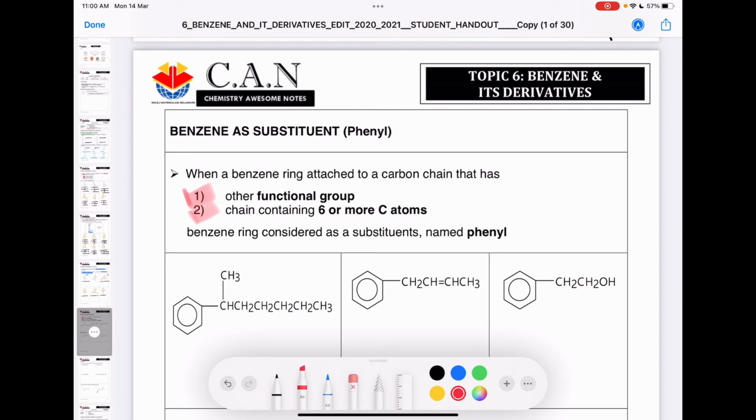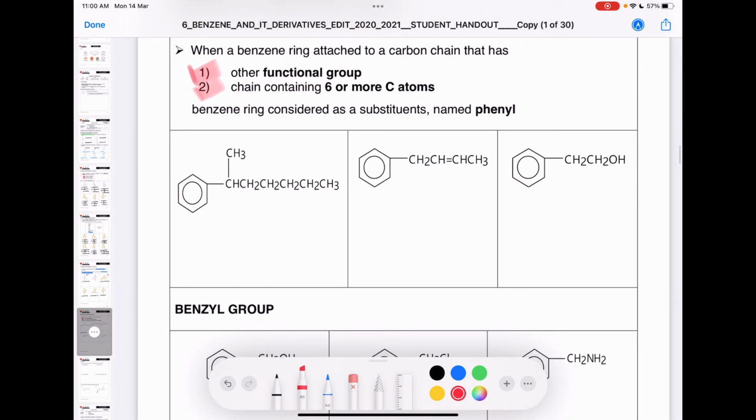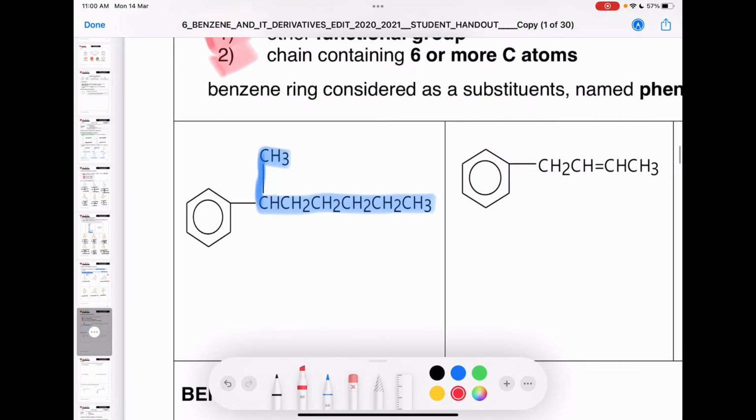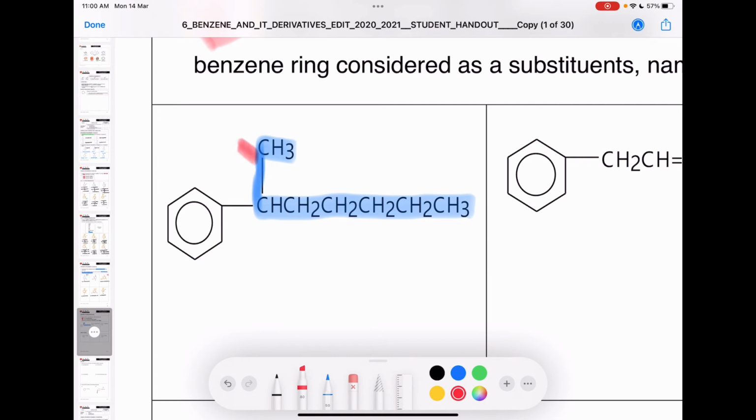So let's see. For example, in this question, we have a very long chain here. Our long chain is this, where the numbering will be 1, 2, 3, 4, 5, 6, 7.